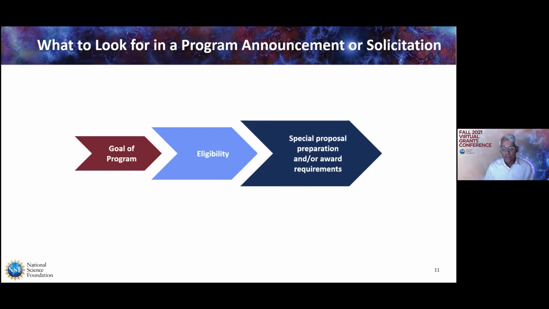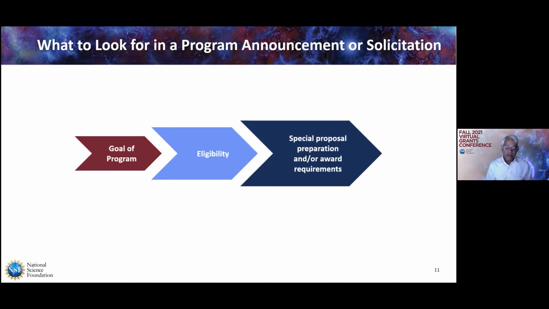The default answer is to point them back to the program announcement or the solicitation, to read the solicitation carefully and make sure that the idea that you have in mind fits inside the scope of the solicitation. NSF solicitations tend to be broad, but they also have pretty nice clues and cues in terms of what kinds of research we're looking to support.